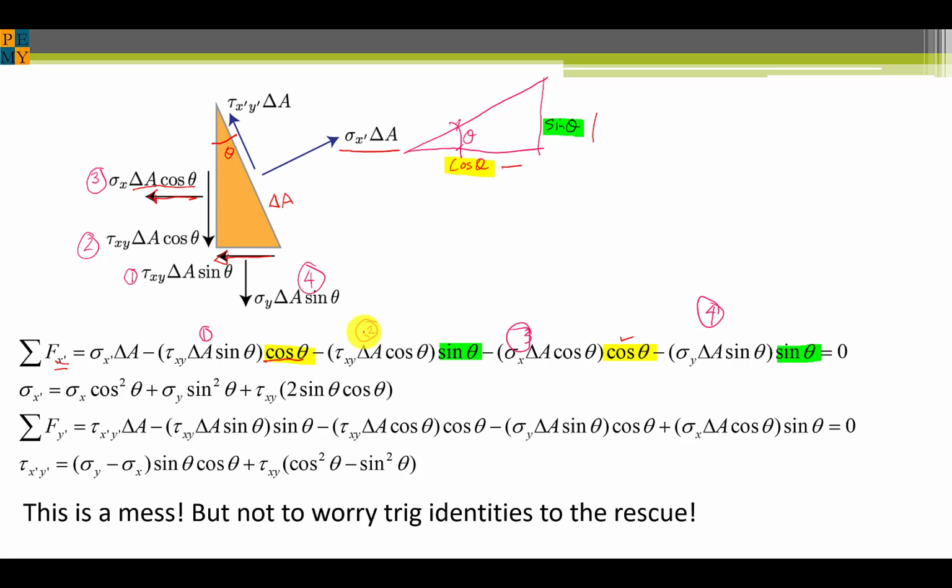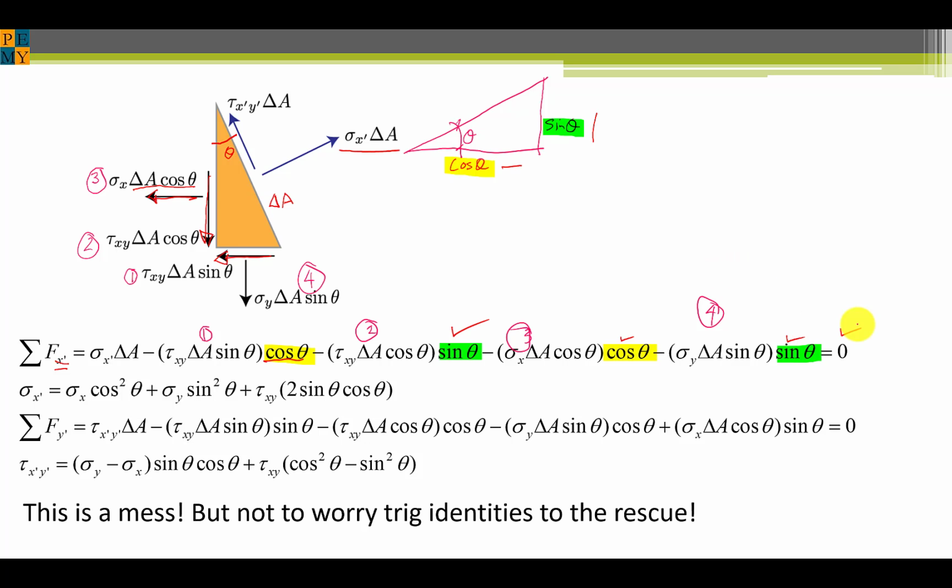We do the same thing for the vertically oriented forces, and we take tau xy delta A cosine theta, which was a shear force acting on this face, and we have to multiply that by sine of theta, and we do the same thing for the 4th component. From statics, the sum of all the forces has to equal 0.